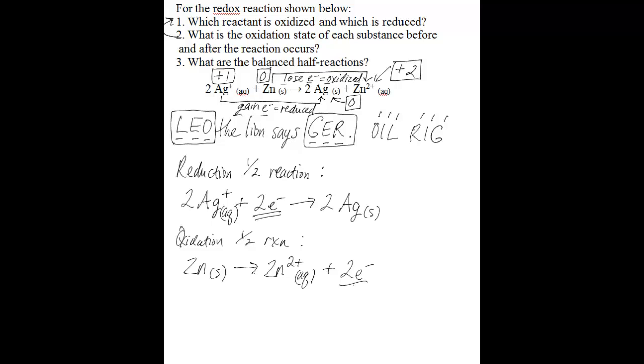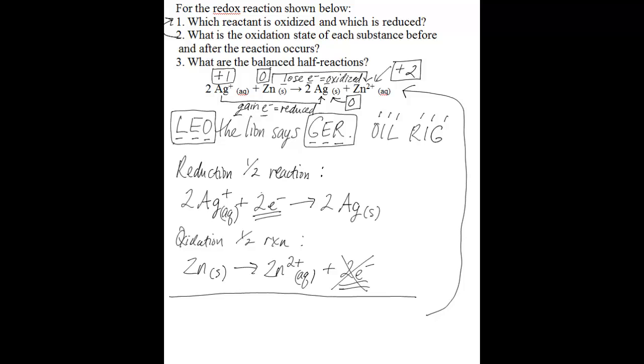And you can tell that you have the correct half reactions because what you should be able to do is add the two together to give you that overall redox equation again that you started with. So in order to do that, you have to cancel the electrons that appear on both sides of the equation. And in order for them to cancel out, they have to be equal to each other, and they are. So that is another indication that you have the correct half reaction.